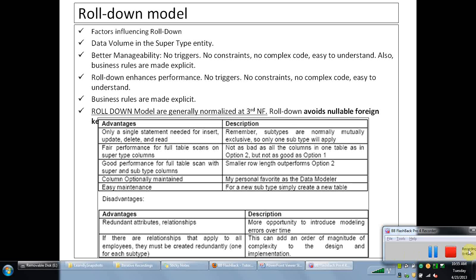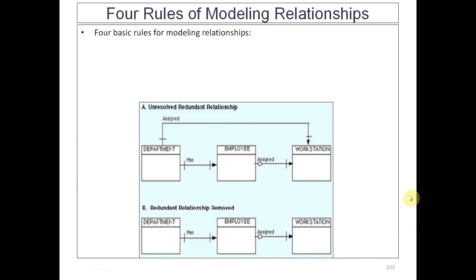Roll down avoids nullable foreign keys. And these are the advantages and disadvantages of this particular roll down process. I leave it to the interpretation of the audience and make a move to the next slide, which is the four rules of modeling relationships.